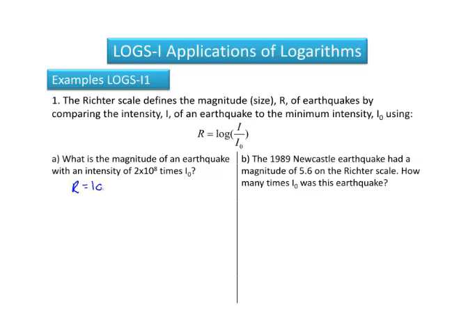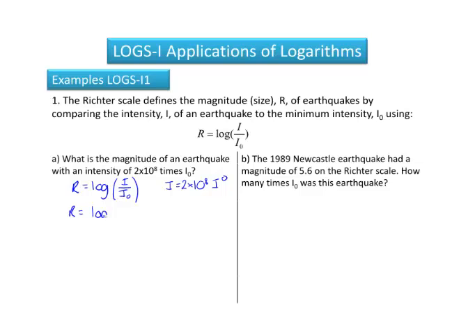R equals log of I over I base 0. The question says the earthquake has an intensity 2 times 10 to the 8 times I0. So that means that I equals 2 times 10 to the 8 of I0. So we plug that in.